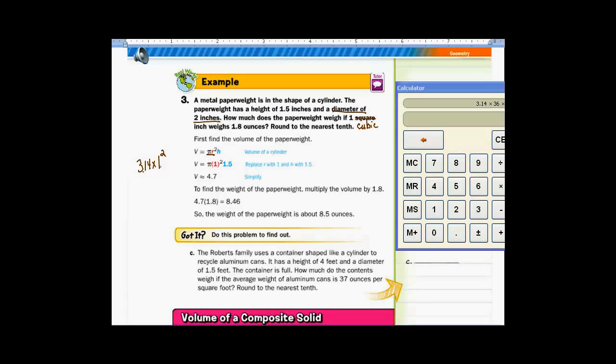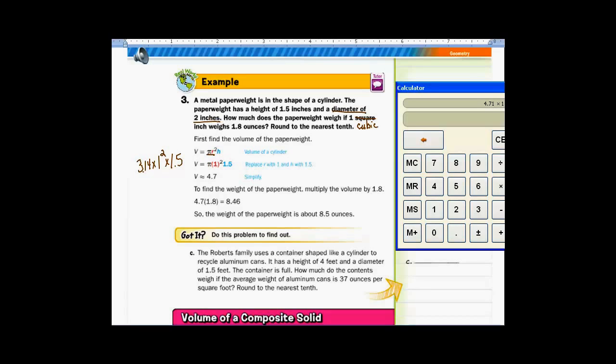So 3.14 times 1 squared times the height, and the height is 1.5. 3.14 times 1 squared, which is still 1, times 1.5. I get 4.71. Rounded to the nearest tenth, that's 4.7. And I then have to multiply it by 1.8.